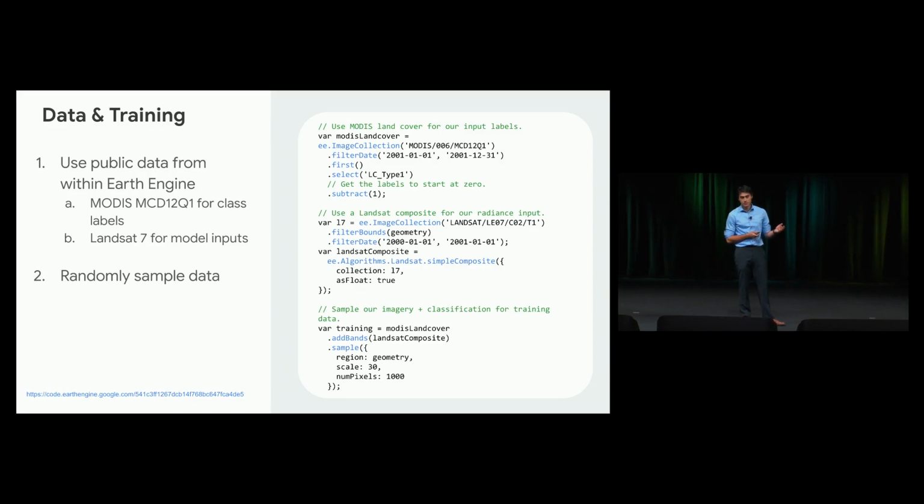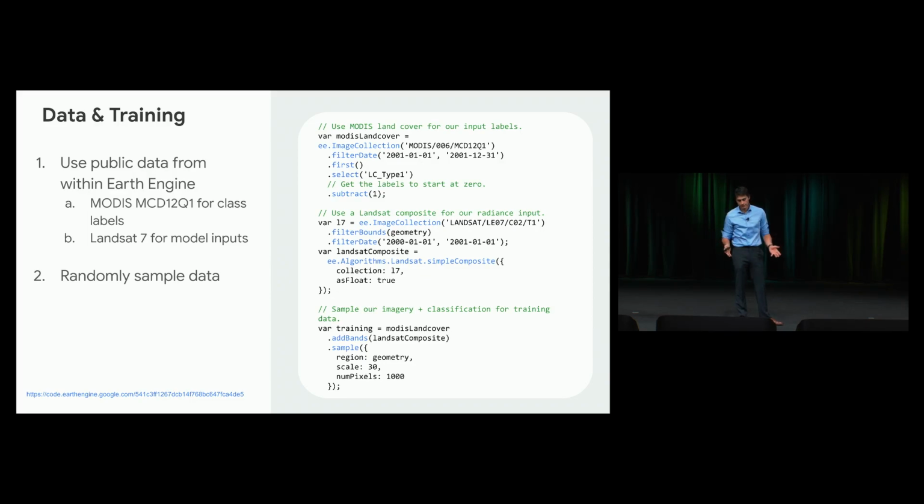And then to build the training data for the model, we're going to randomly sample in a region of interest, essentially different band values, and then we're going to use the input label from the MODIS data set and merge it together into a single image collection, and then sample that to turn it into a table of data. So on the right here, you can see the Earth Engine code to do this. The most important thing to take away is that we have our image collection.